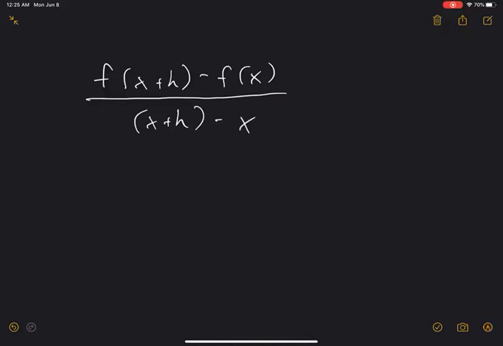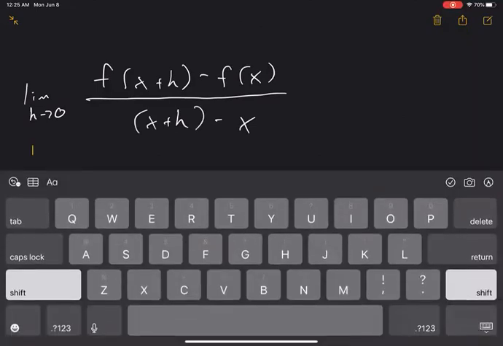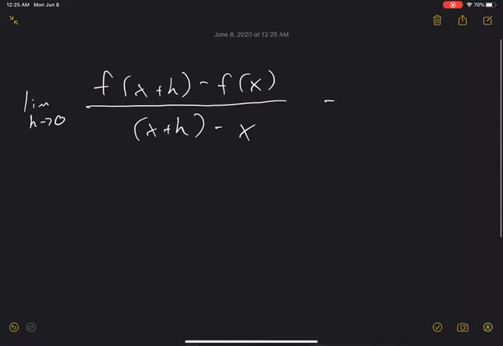And in particular, what happens when we take the limit as h goes to 0? Does that ring any bells? That should remind you of the derivative, because this is exactly what the derivative is. Remember, the derivative is the limit of an expression like this.